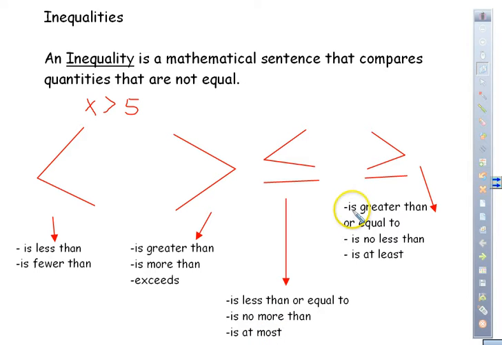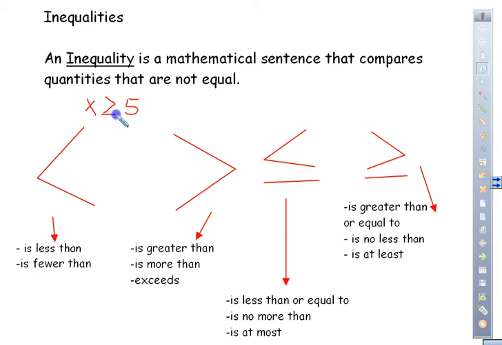For this one over here, greater than or equal to, it is no less than, it is at least that amount. So there are some different words that you can use that would represent the greater than and less than or equal to signs. So something to think about.